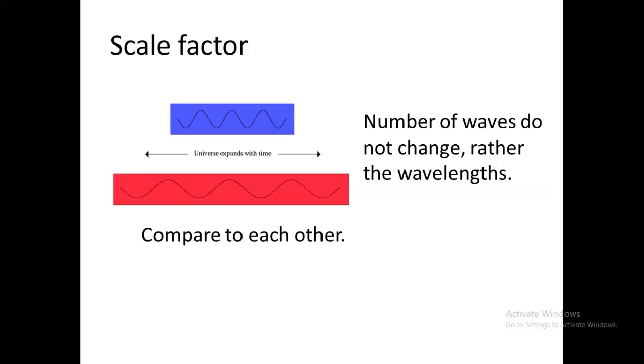Again, this stretching out happens not because of the object moving relative to itself. It happens because of the universe's expansion, or what we call cosmological redshift. So the scale factor is just the wavelength of the red divided by the blue. The longer objects travel through time, the more red they become, the bigger their scale factor is.